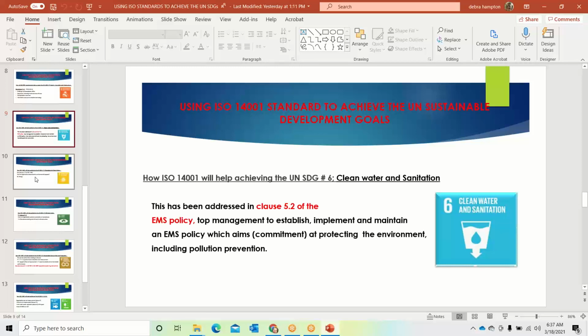Are they releasing to the ocean or to water? Management has to express commitment towards protecting the environment, and most especially pollution.